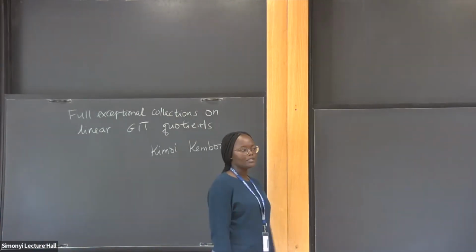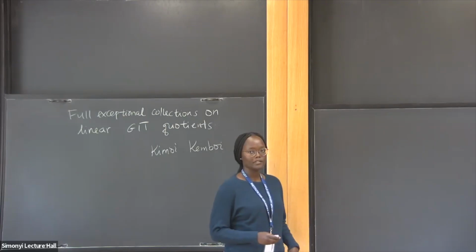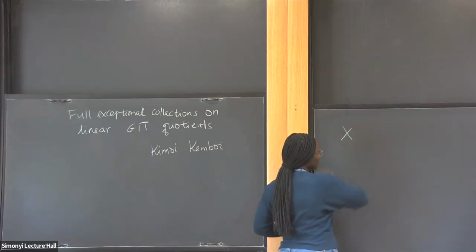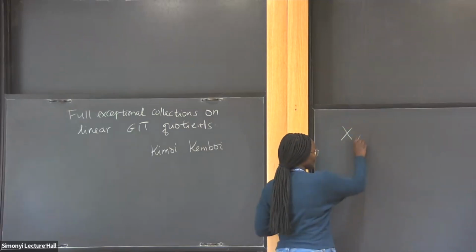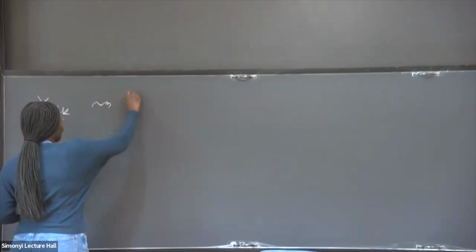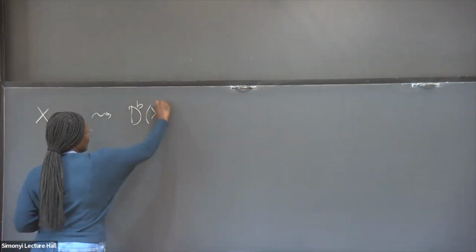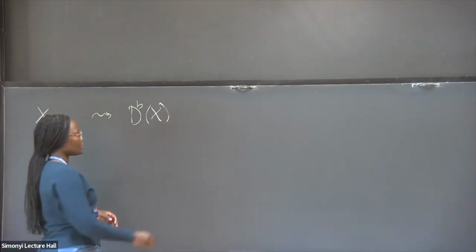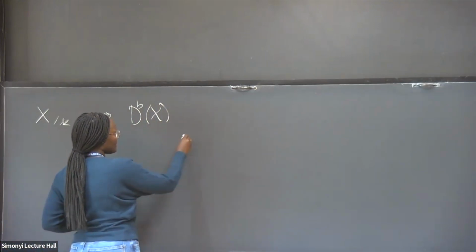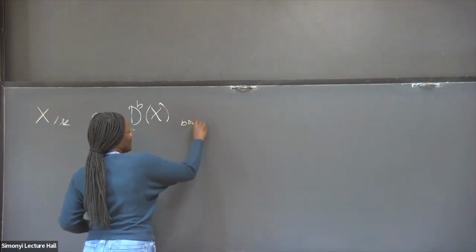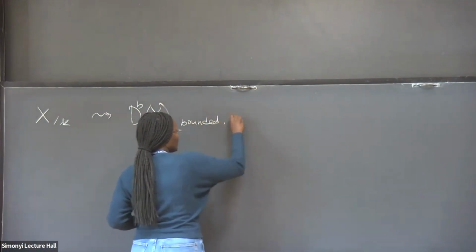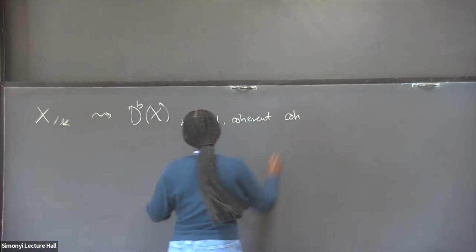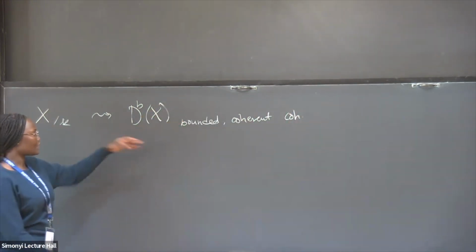So I'm interested broadly in derived categories of coherent sheaves. This is a gadget you can associate to any variety X over K. Essentially, the objects of this category are complexes of sheaves on X, and they have bounded coherent cohomology, modulo some relations.